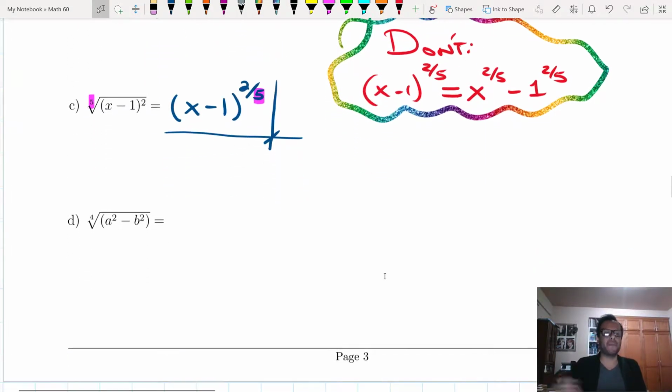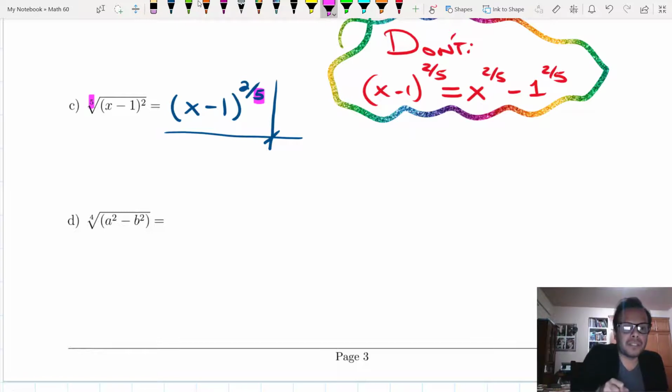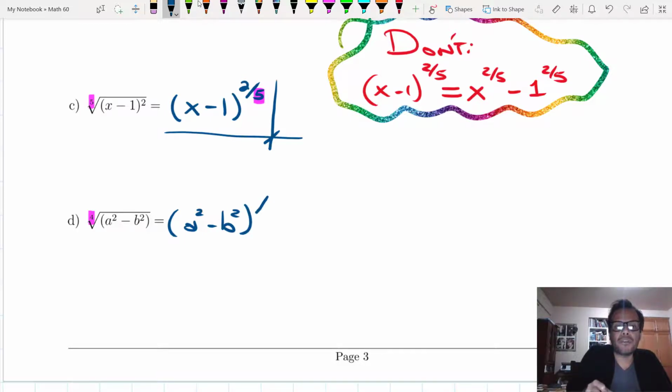Same for letter D. However, be very, very careful. We have the fourth root, and that's going to be the denominator of the exponent. So a squared minus b squared to the some power over 4.